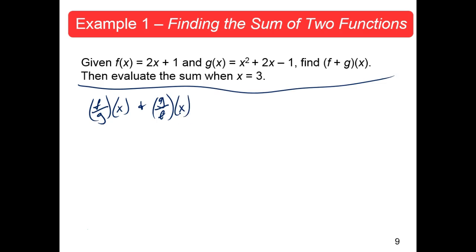We want to find both of those for the functions. F of x is equal to the square root of x, and g of x is equal to the square root of 4 minus x squared. Okay? And then we'll find the domains of f of g and g of f.